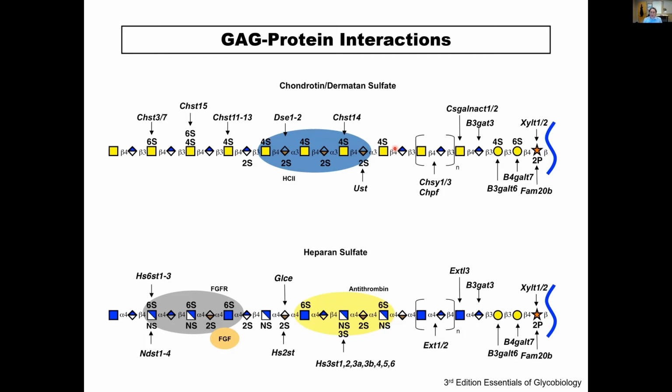And so not only do we know all about these enzymes that are involved in biosynthesizing these chains, but we're also asking the question of what proteins interact with these GAGs and how does the structure impact the interaction with different proteins as well. So, the analytical service core here at the CCRC that's running this whole program, their specialty is how do we analyze the structure of glycans and then we can relate that to its function.